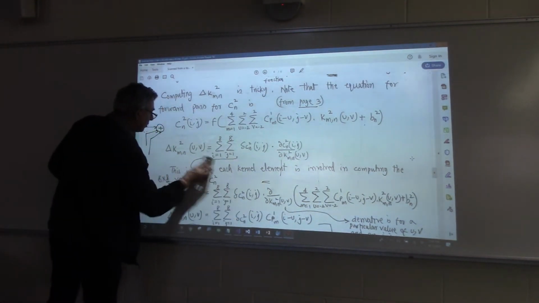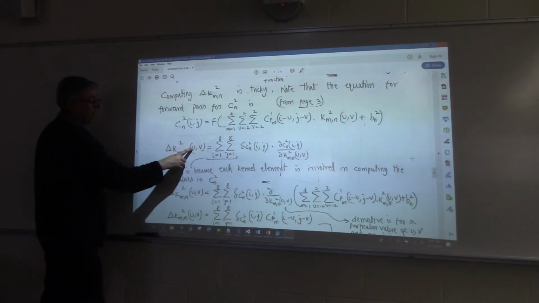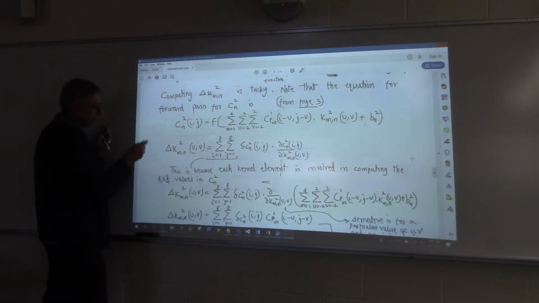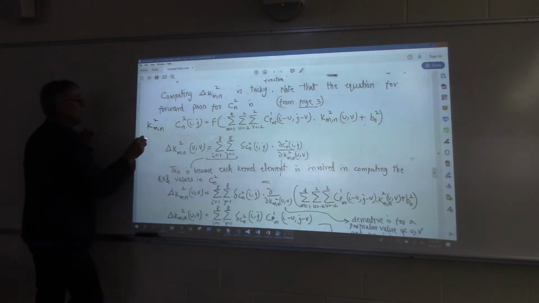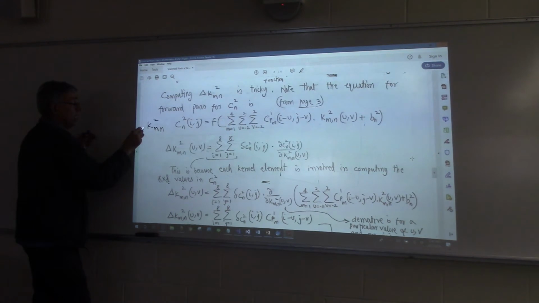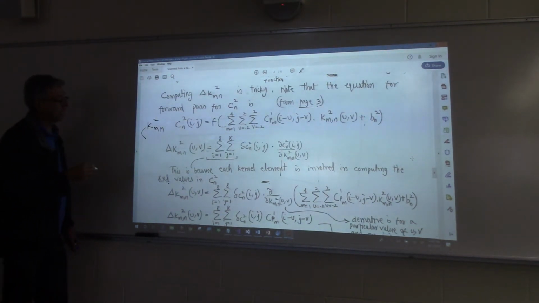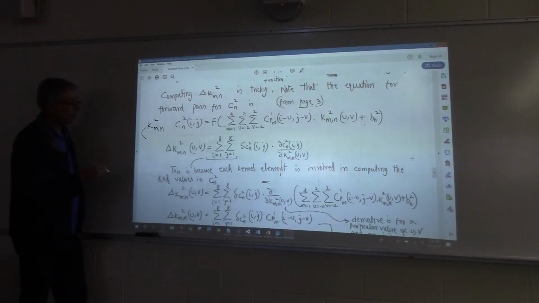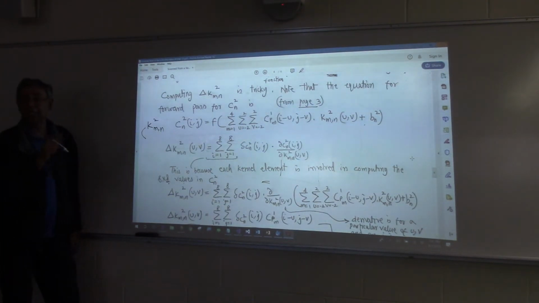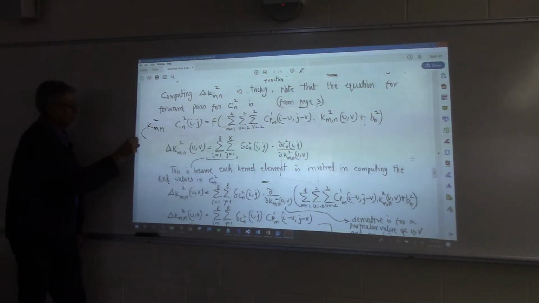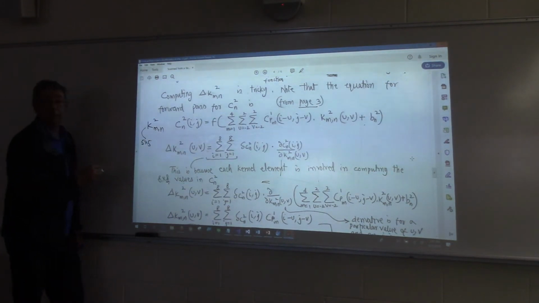Anyway, if we take a look at Kmn of 2, for a particular value of m, how many values are involved in our example? This is the convolution kernel, right? 24. But this was 25, right? 5 by 5.